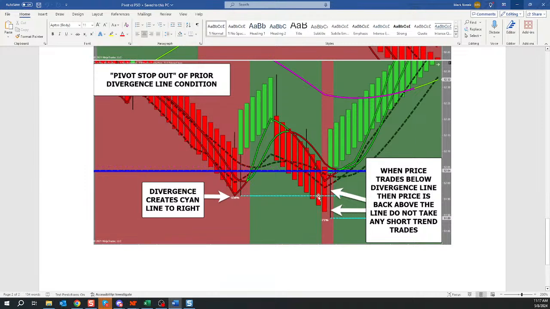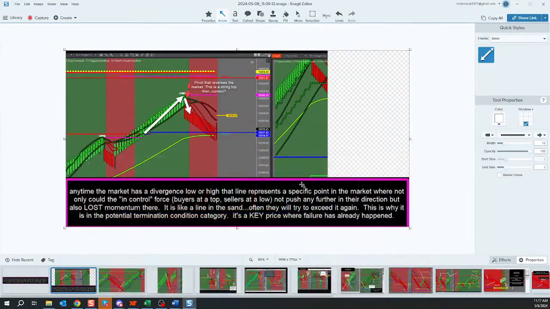If price reaches that line in the sand, remember the recipe for termination conditions, they may unload. It's a very specific spot where the sellers have already taken over and where they may take over again.